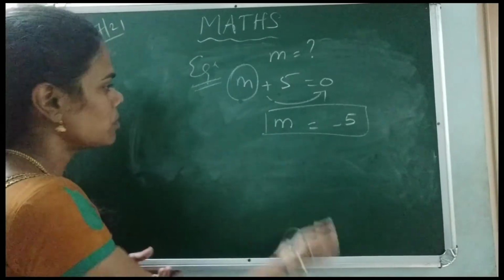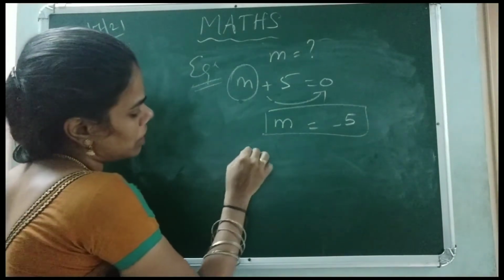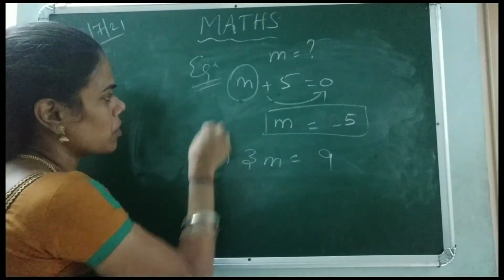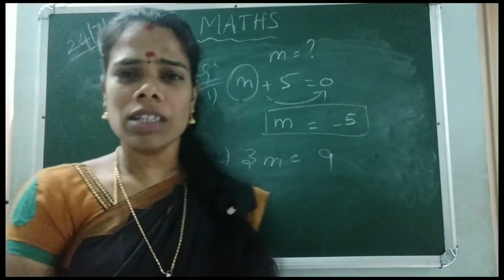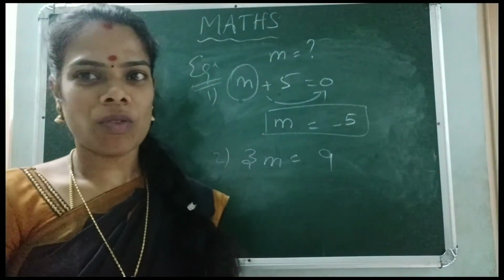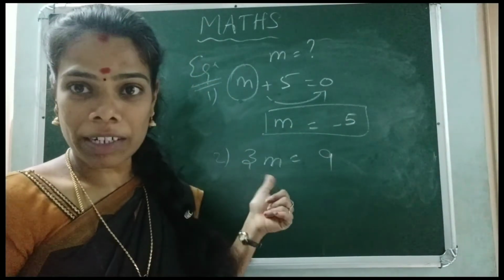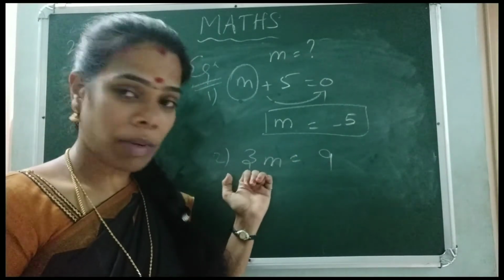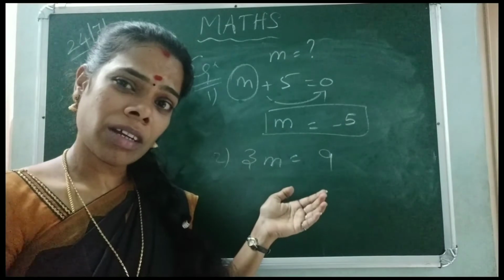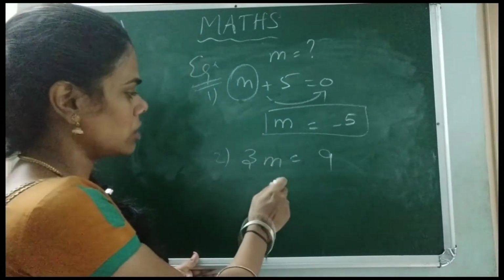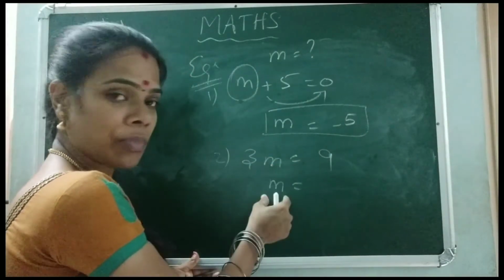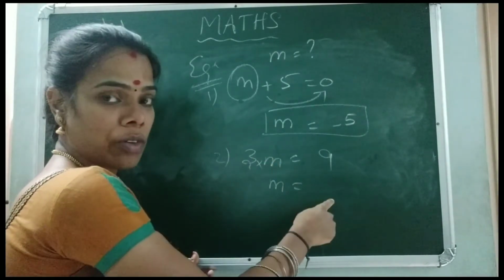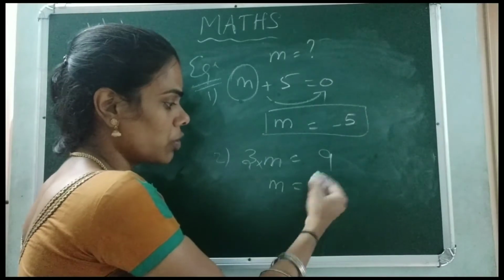Suppose I take another example, 3m equal to 9. What is the solution of this equation? It is a multiplication. When you take multiplication to the right side, it becomes division. So keep m alone on this side, and the multiplication by 3 goes to the right side and converts to division.